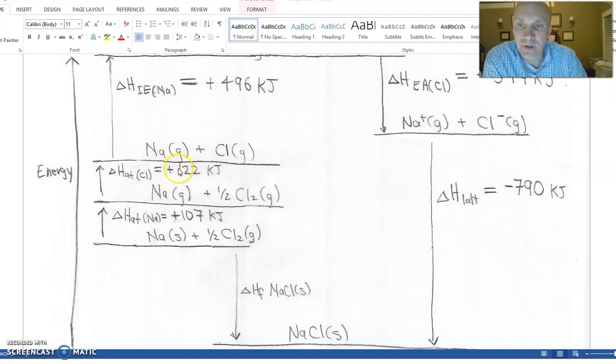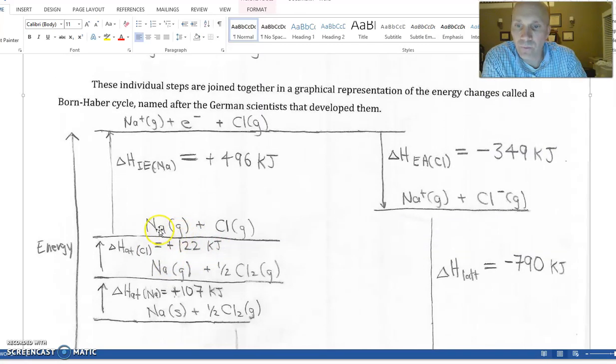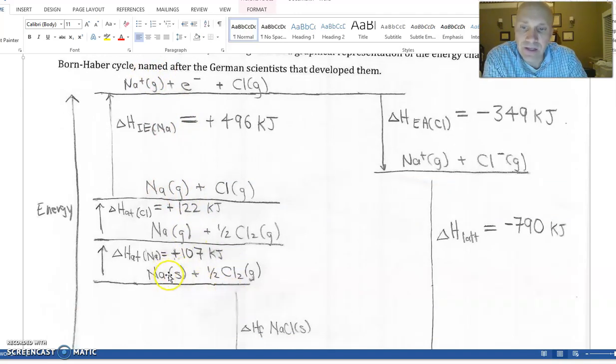The next thing that we're going to do is take this sodium atom in its gas state and turn it into its ion. The way we draw this, and you might have noticed, is that even though we're doing one thing at a time, we're always carrying along the things that don't change. For example, when we went from here to here, we showed this thing changing, but the rest of it just stayed the same.